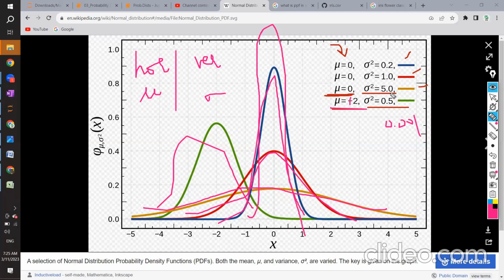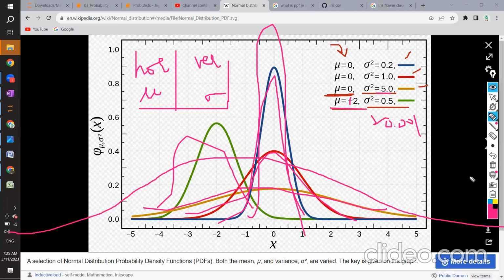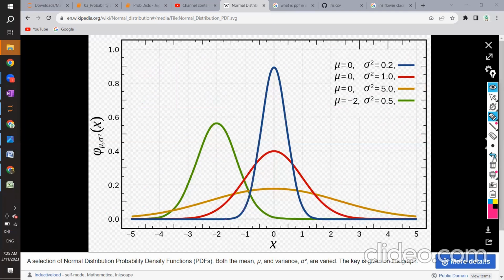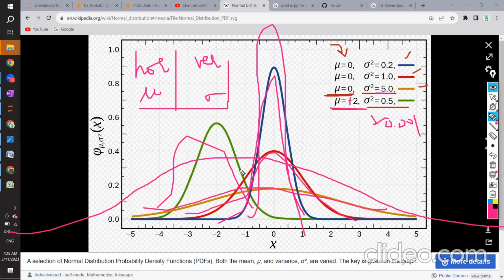If I take, instead of 5, let's say 20, it will be extremely spread, like these guys. Getting? The height, the vertical part will be changing. So you can also remember it this way. If you change mu, the horizontal displacement will occur. If you play with the standard deviation, the height will keep on changing.